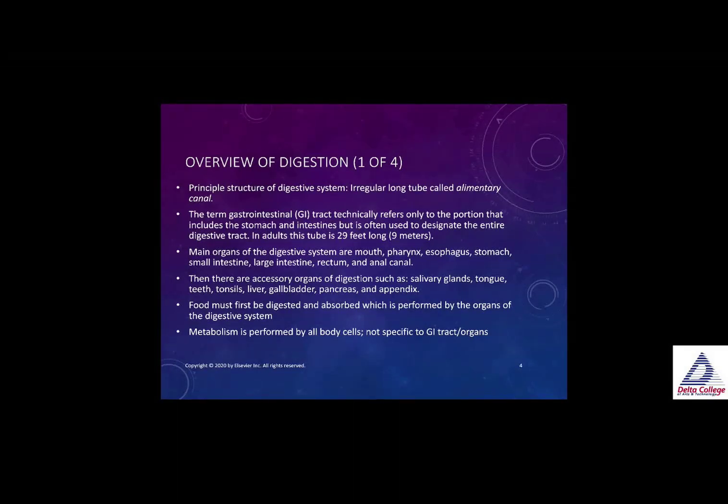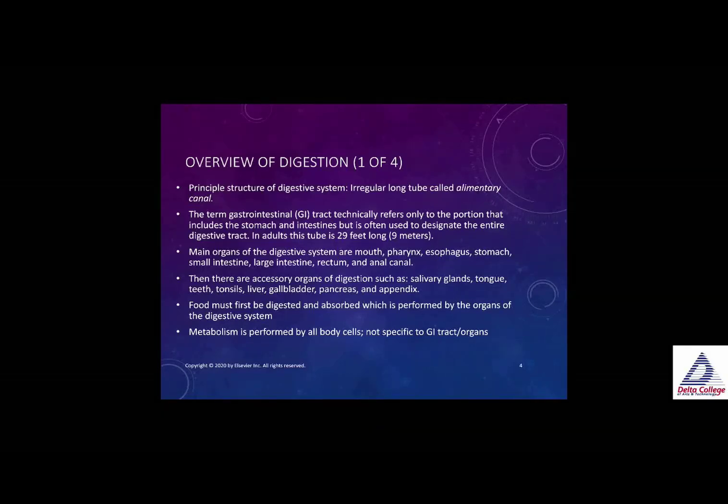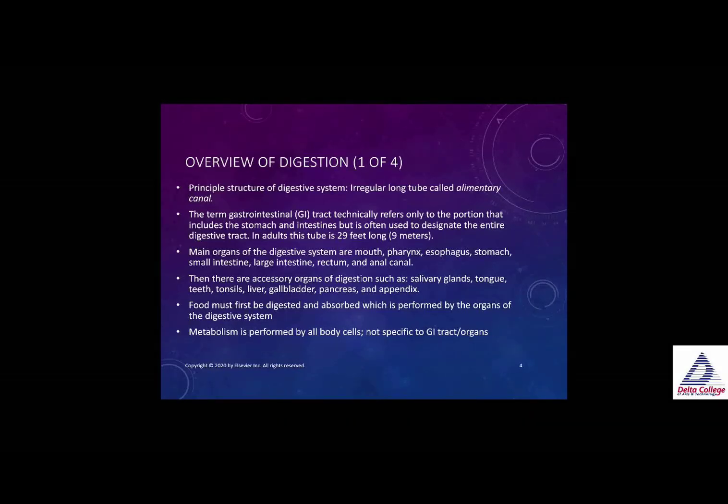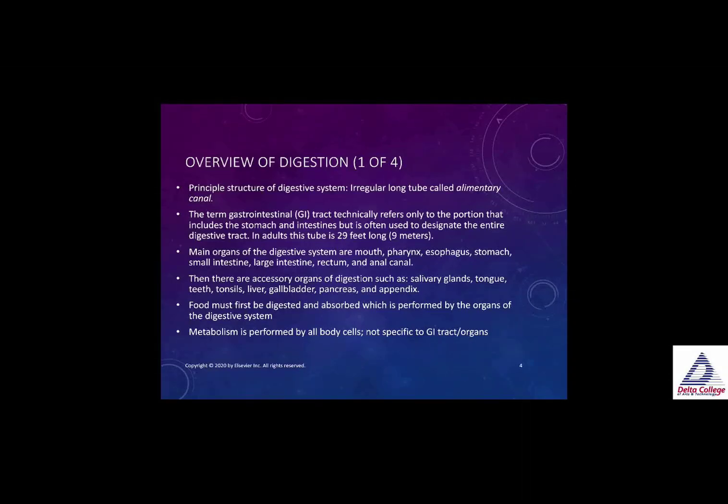So the principal structure of the digestive system is this irregular long tube called the alimentary canal. The term gastrointestinal or GI tract technically refers only to the portion that includes the stomach and intestines, but is often used to designate the entire digestive tract. In adults, this tube is 29 feet long, or 9 meters.